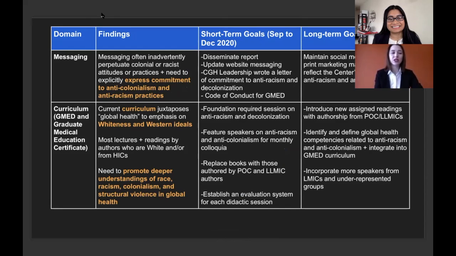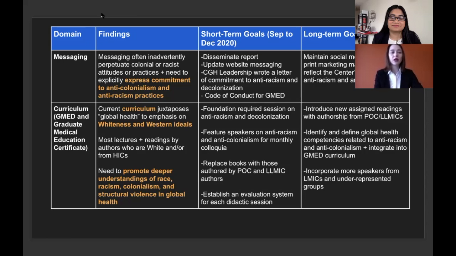So for the messaging domain, we highlighted that CGH and the GMED program need to express commitment to anti-colonialism and anti-racism practices through the code of conduct for the GMED students and the messaging on the CGH website.